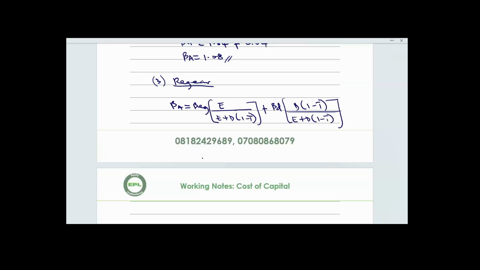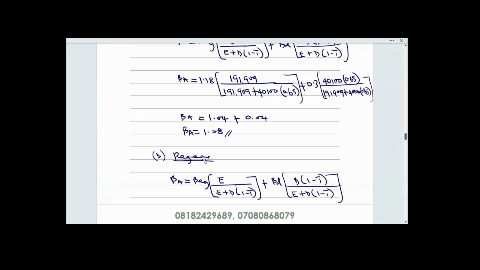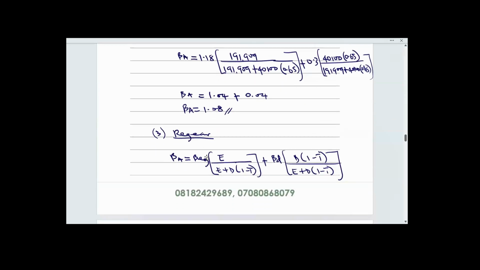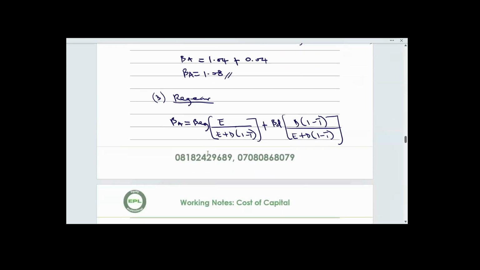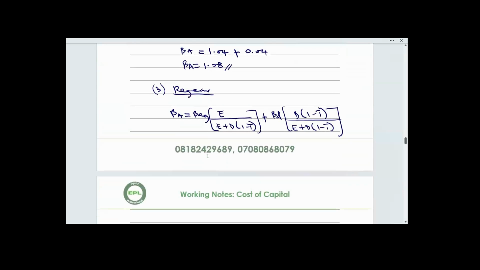In step 2, you use the debt beta, equity value, debt value and tax rate of the proxy. But in step 3, you use the information of the main company, Kilimanjaro. So we have already calculated beta assets to be 1.08, which equals beta equity of a gear. That's what we are looking for.